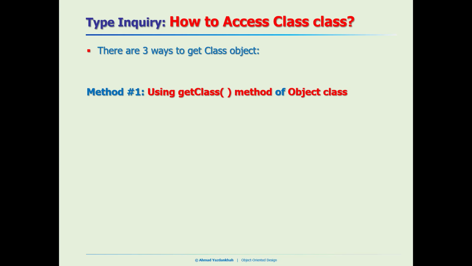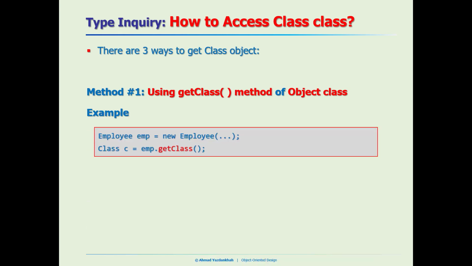Here is an example. This is an employee we instantiated here, and now we can use this variable and call this method. This method is coming from the Object class, and this is the type of that class, which is called Class, and this is c. Now you can get a lot of information from this c.